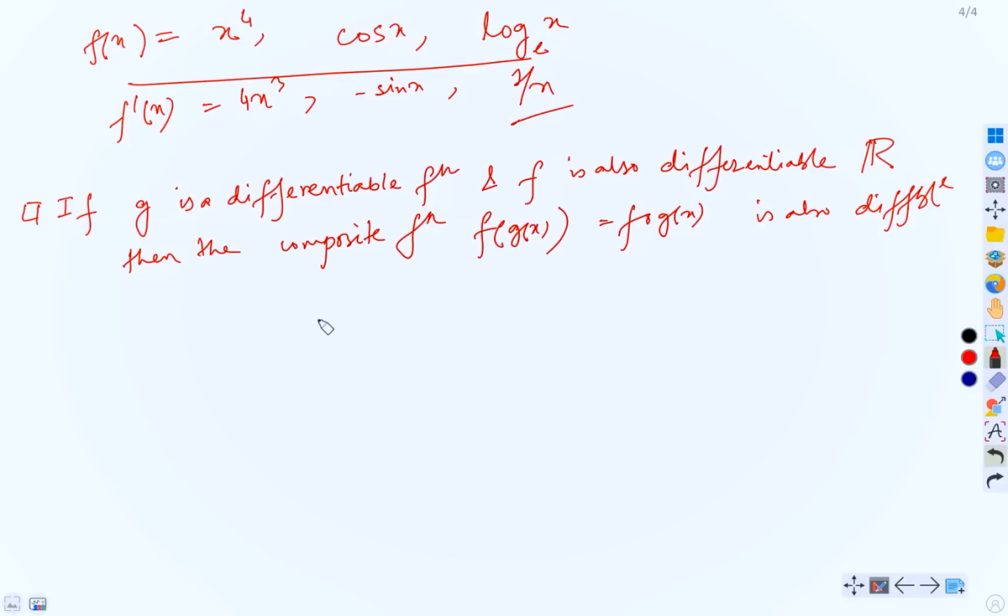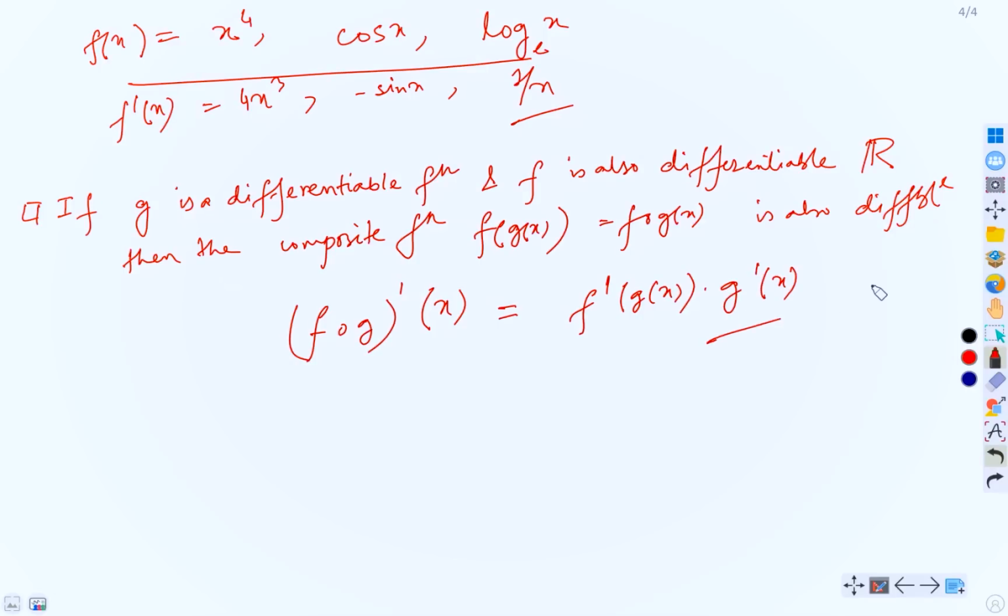And we write that the differentiation of this composite function is f dash g(x) times g dash x, okay?